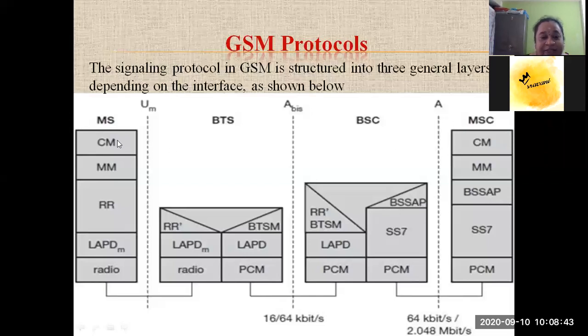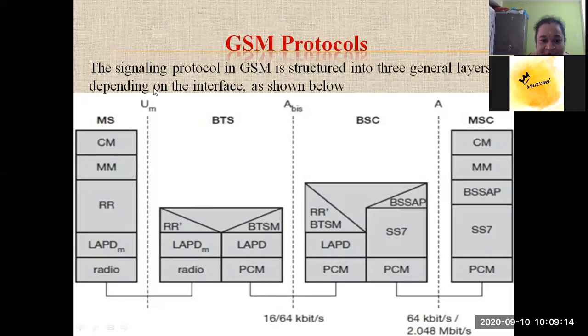So this mobile station terminal is going to first communicate with the base transceiver system using this Um interface. Through the physical channel at the bottom level, it uses this radio interface to get connected with the base transceiver system, right?